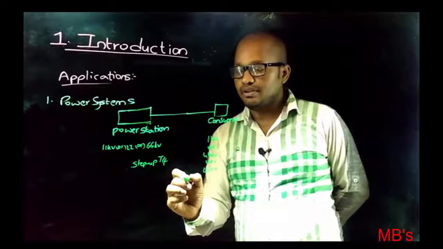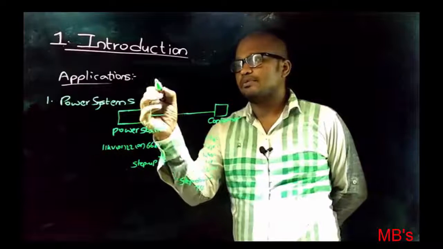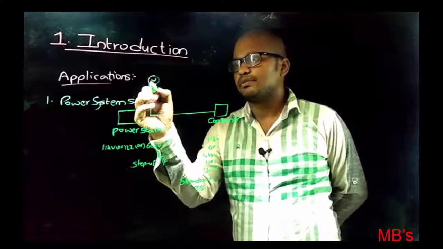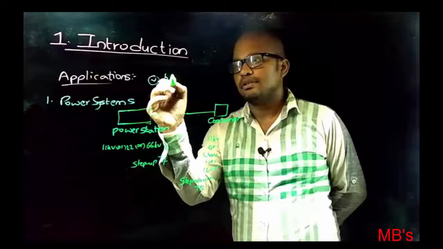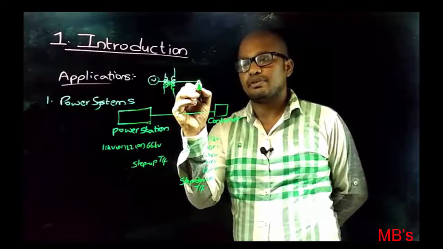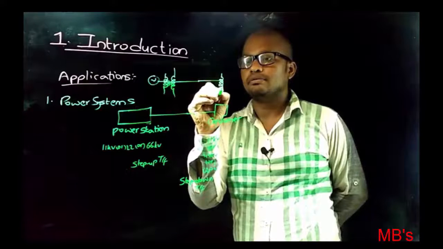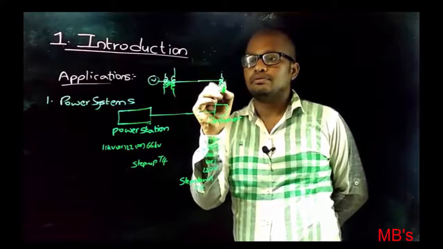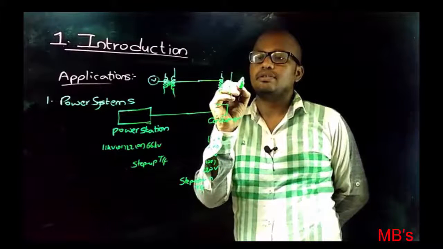For that, a step down transformer is required. Therefore, power system now can be represented like this. Let us suppose this is the power station, and then this is the step up transformer, and this is the transmission line, and this is the distribution line, and now this is the step down transformer, and this is the consumer terminal.